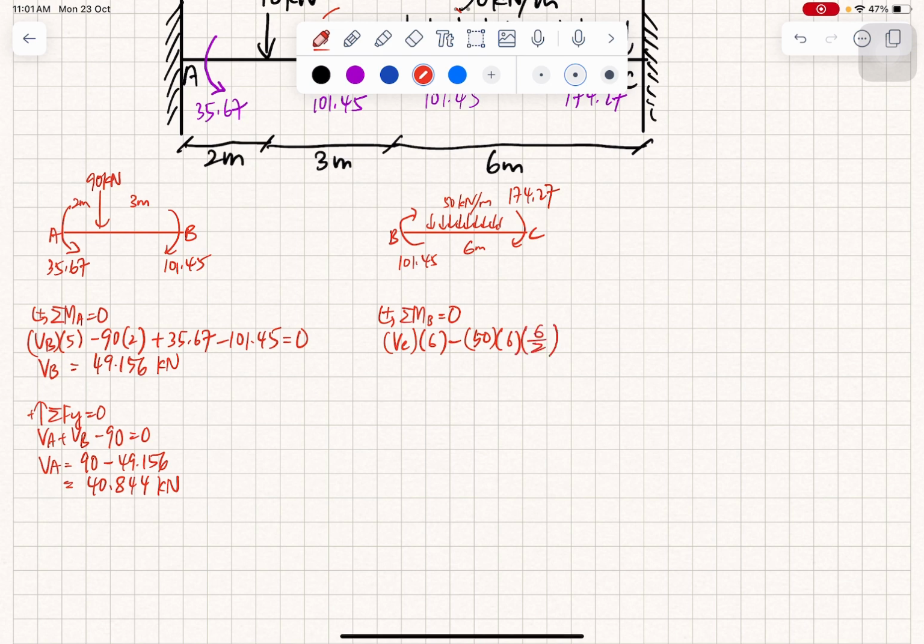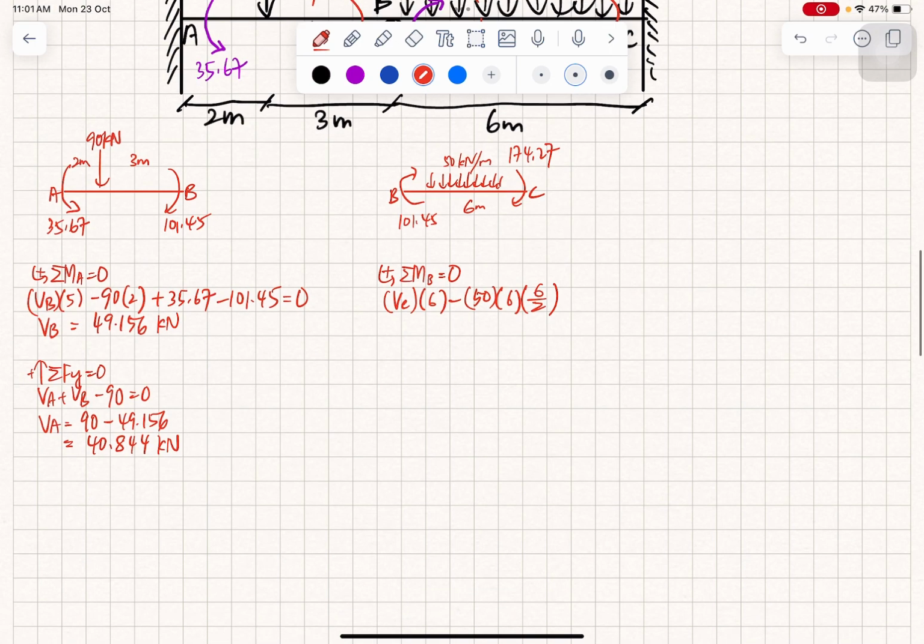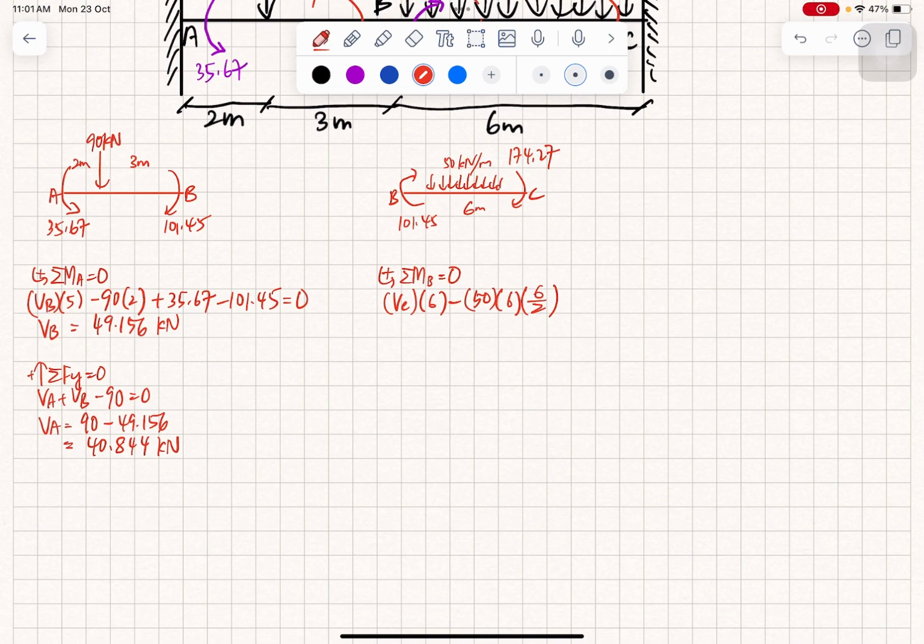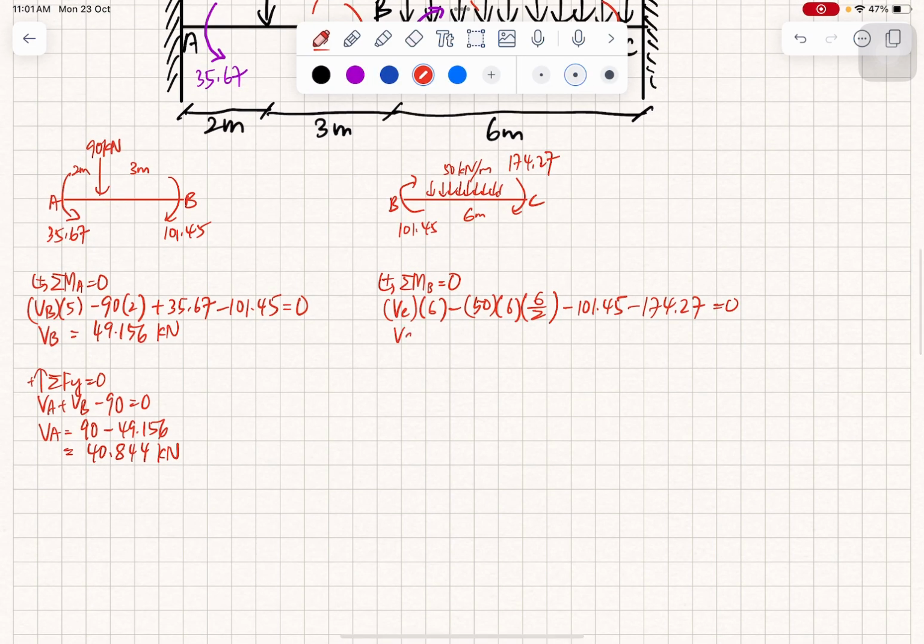It is negative because the moment is going in clockwise direction. So for 101.45 it is negative, and 174 is also negative. So it equals 0. So can we find VC?